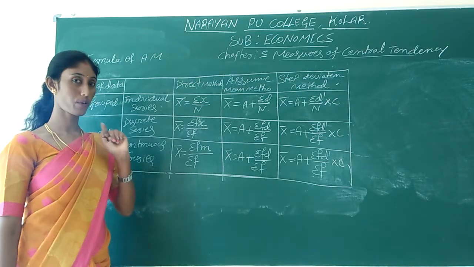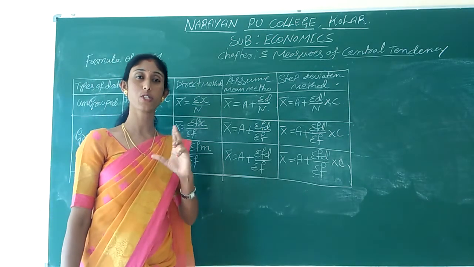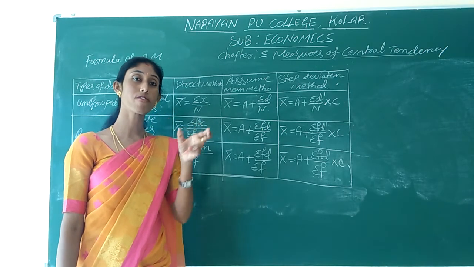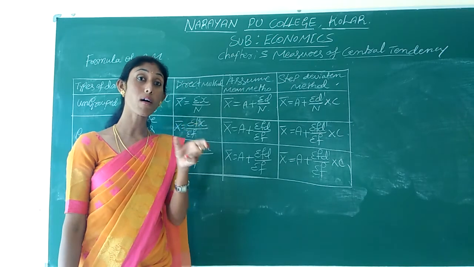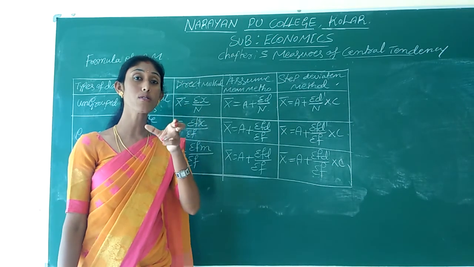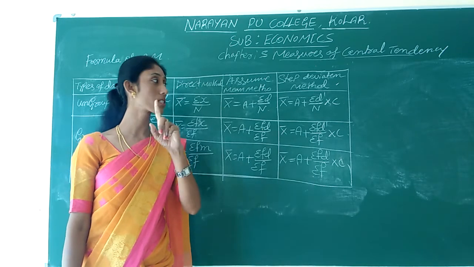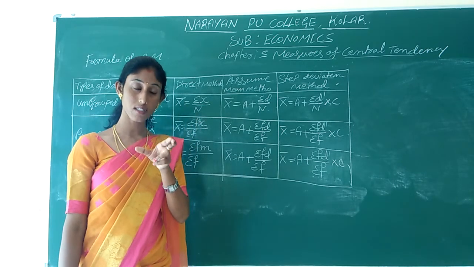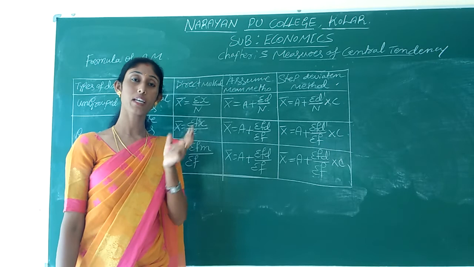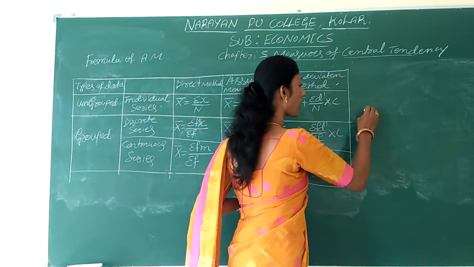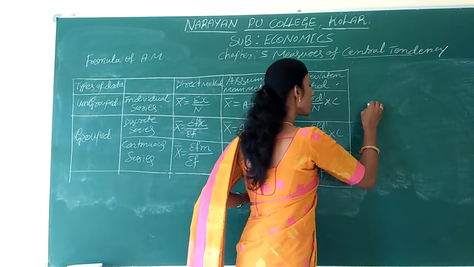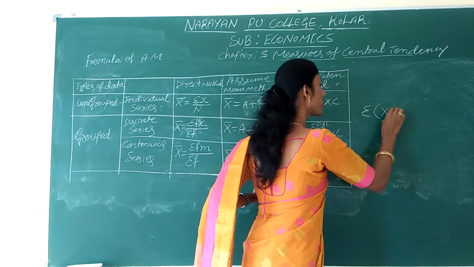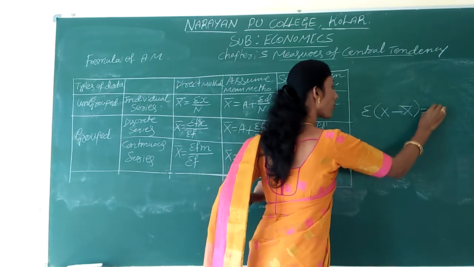And one more thing you need to understand, the most important feature of arithmetic mean is that the sum of all the deviations, symbolically, the sum of all the observations about the arithmetic mean will be 0.